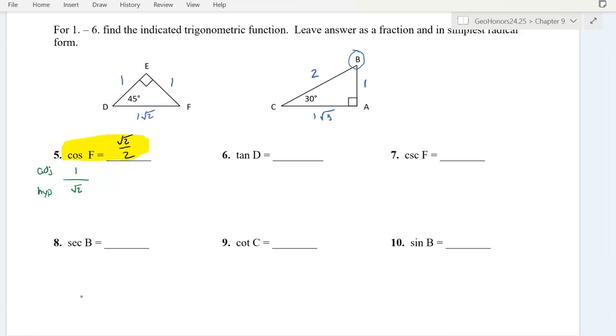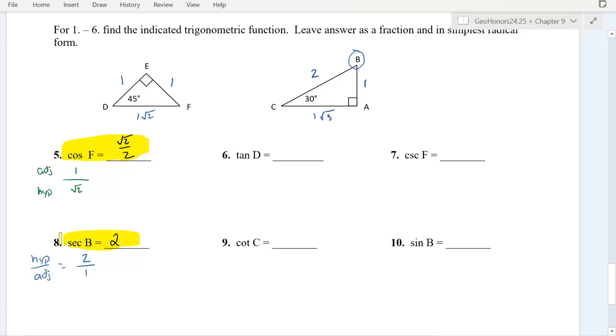I know the cosine is adjacent over hypotenuse, so the secant is the hypotenuse divided by the adjacent. The hypotenuse in triangle ABC has a length of 2, and the adjacent to B has a length of 1. That doesn't have to be simplified or rationalized. The secant of angle B is 2.